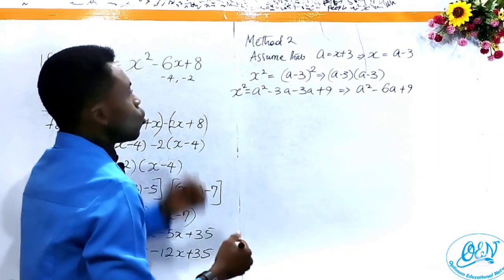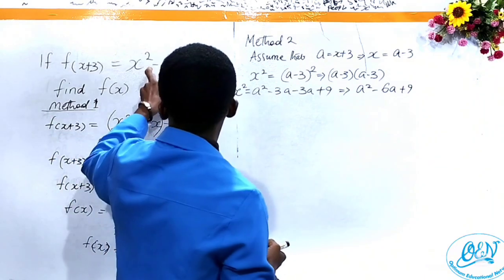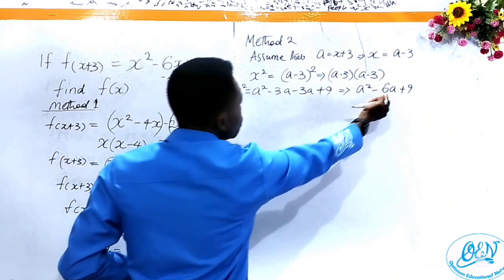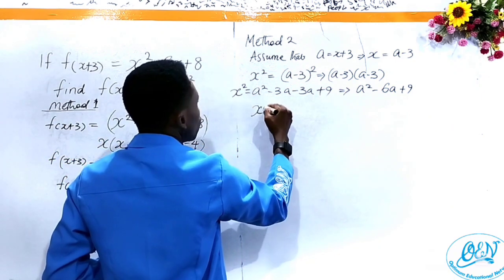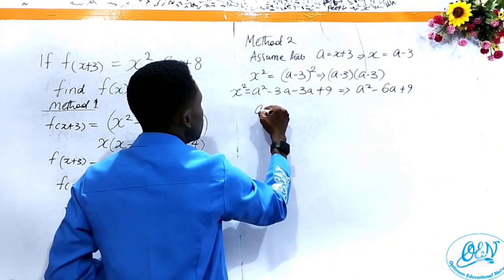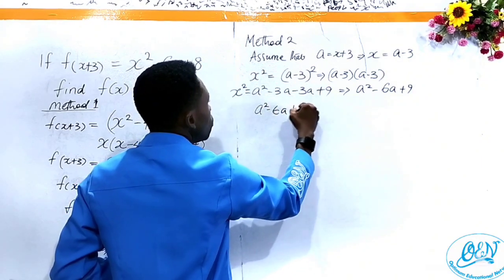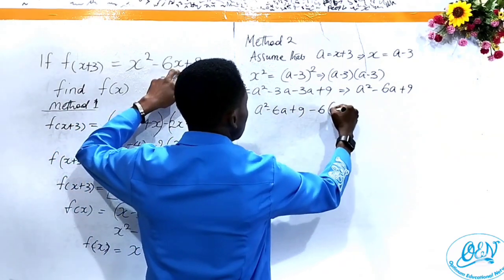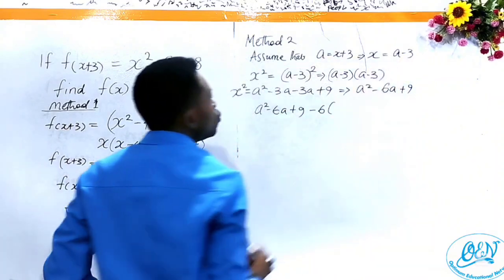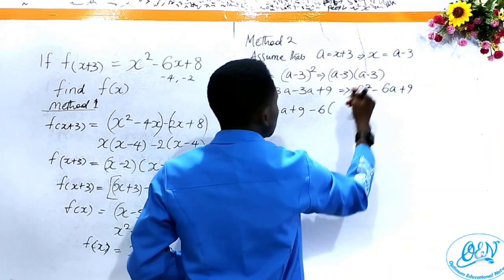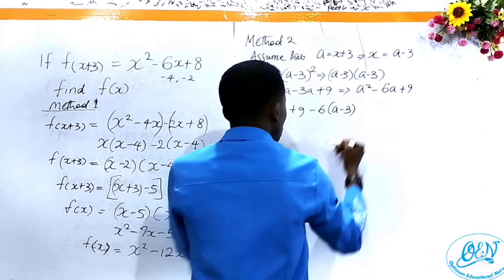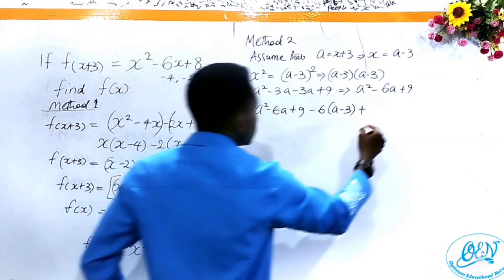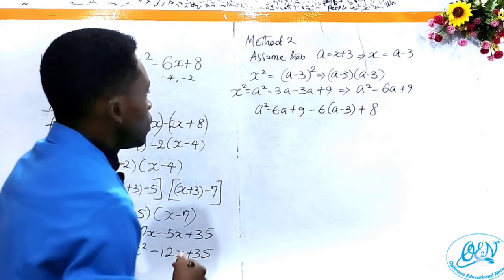And this is x squared. So now if you input this into our original expression, x squared, which is a squared minus 6a plus 9, then minus 6 into this, because this is x, then plus our constant, which is 8, right?